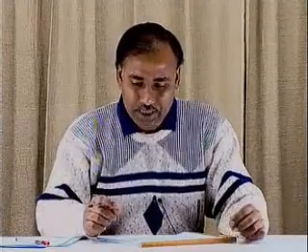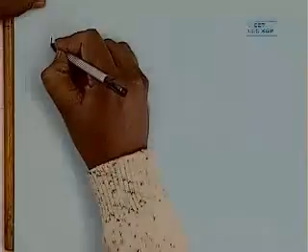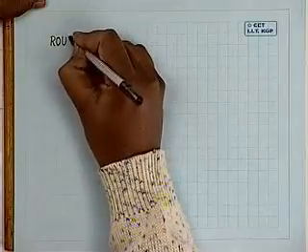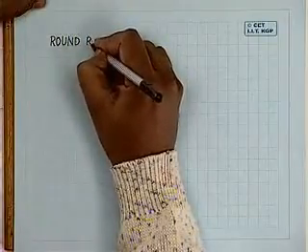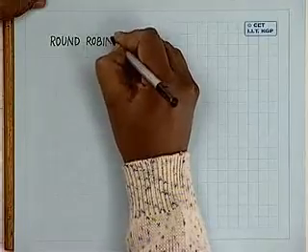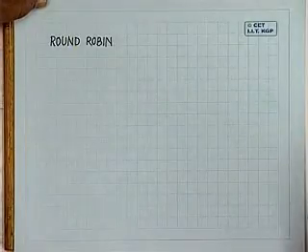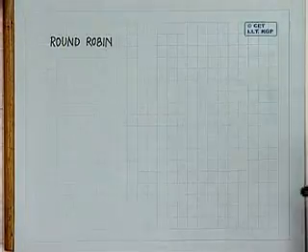Now let us see another kind of CPU scheduling technique, which is again a preemptive one, and that is called round robin scheduling. In round robin scheduling, we don't make any decision based upon what is the CPU burst time required for the job or what is the priority of the job.